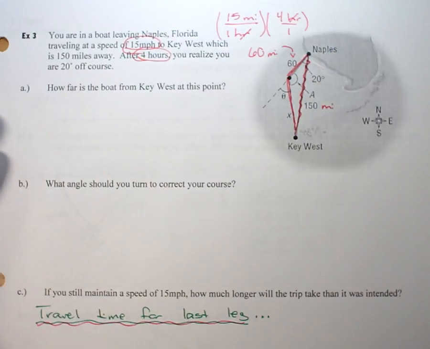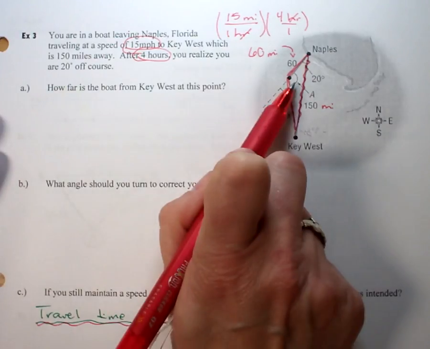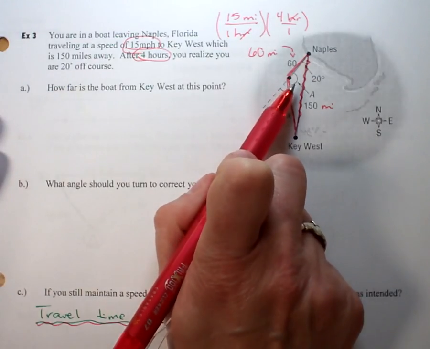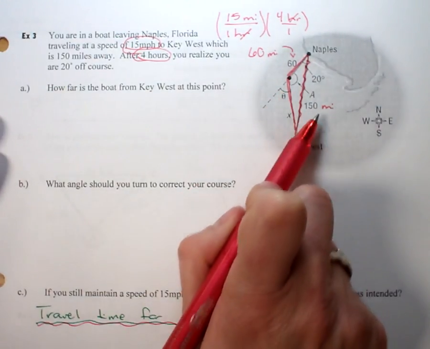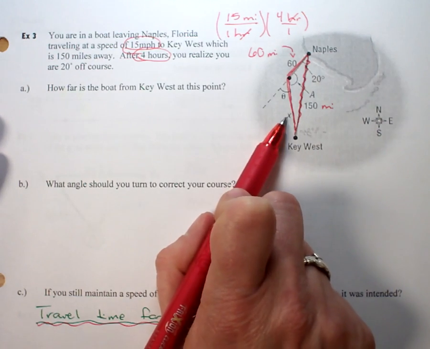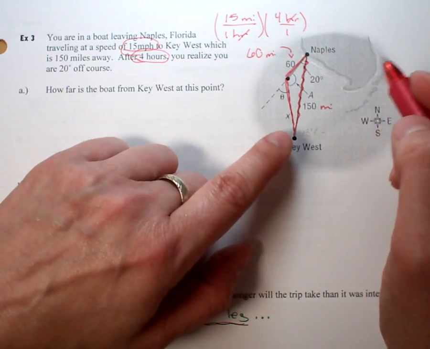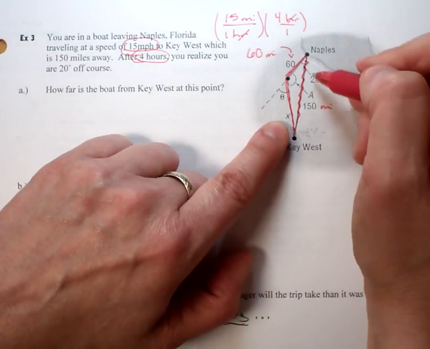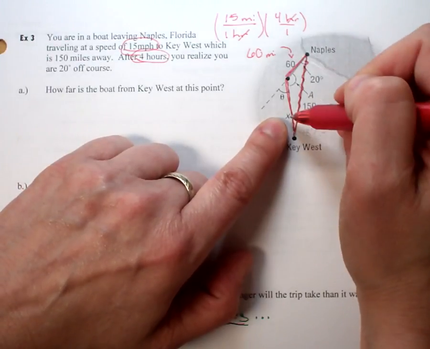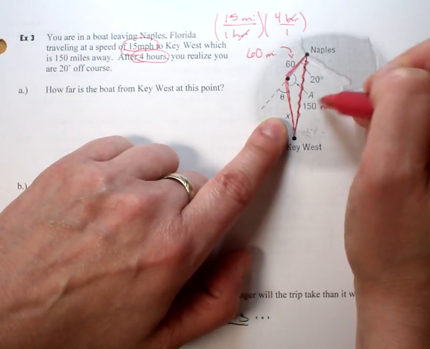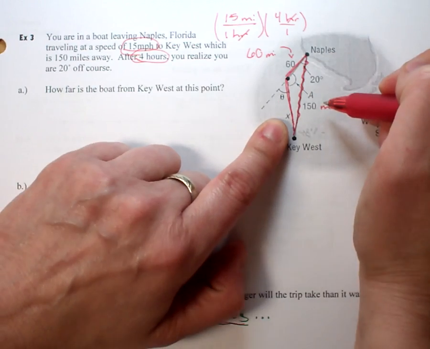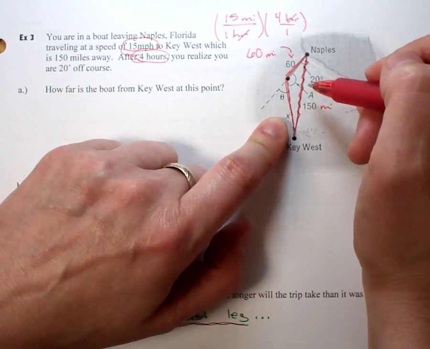The way the picture is drawn, it kind of looks like that 150 is pointing to that angle, but it's not at all. So I want to find x. I don't have a link in any way. I don't know the measure of an angle and a side across, because remember this is our miles. So no link anywhere. We're going to do our piece fingers.